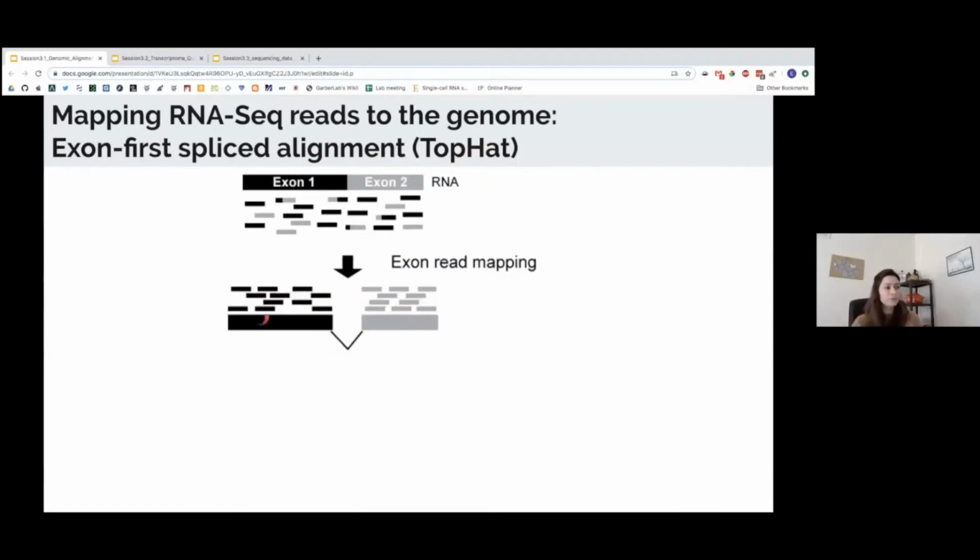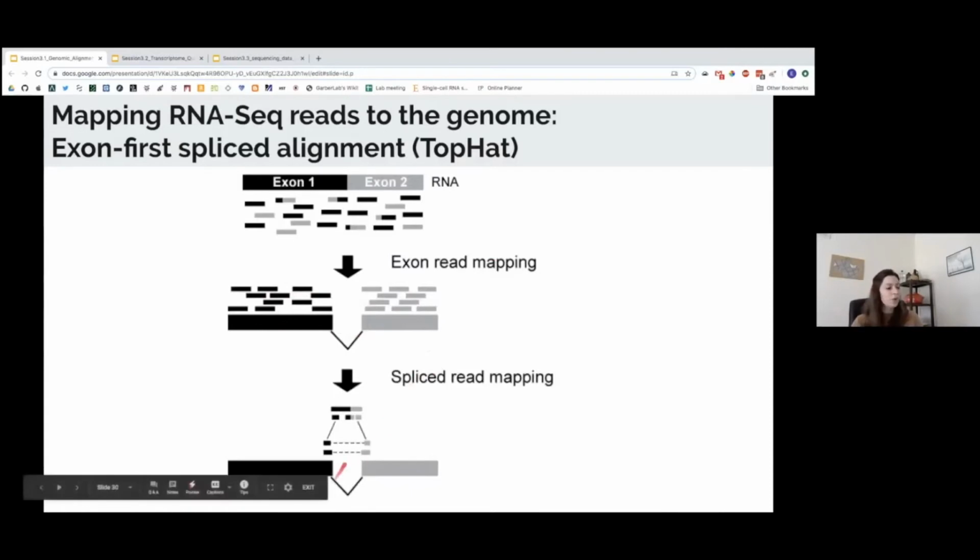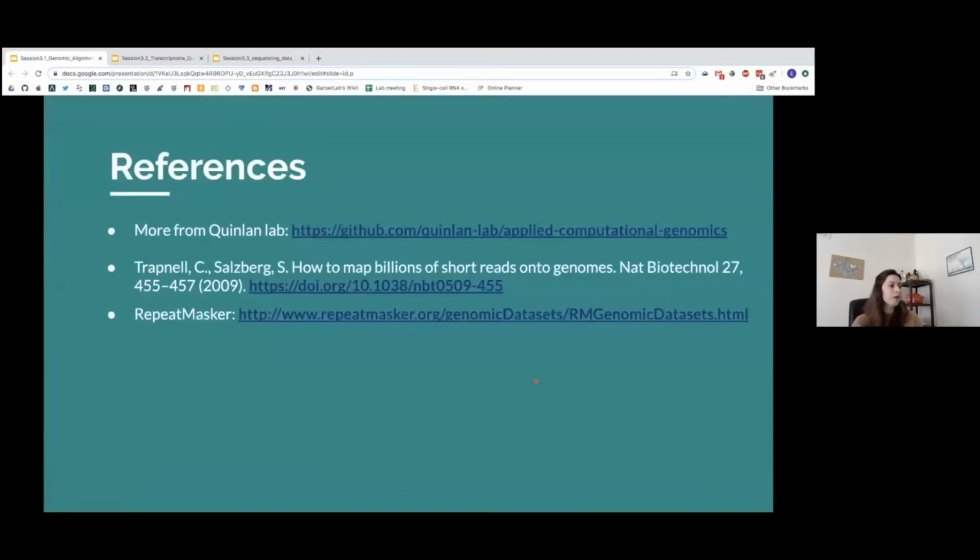So it'll first map all the easy reads, let's call them. And then later, it will do splice read mapping where it knows all the junctions that should be there, and it even is able to find new junctions that you didn't know were there. It maps part of these reads only, and it can stitch them together in the end and find the splice read mapping.